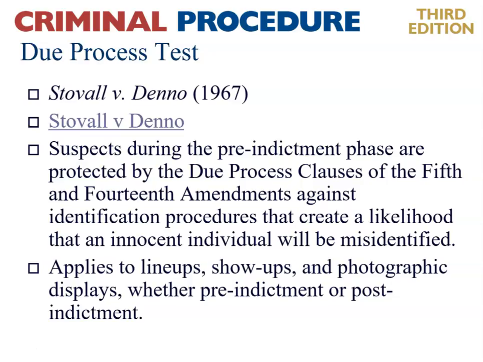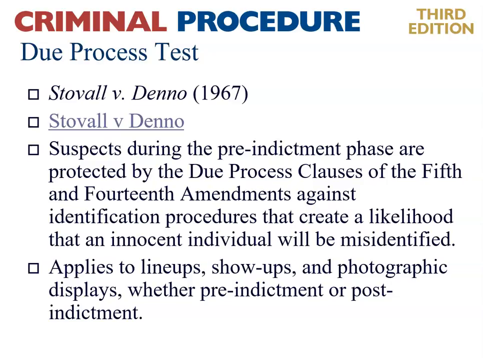On the same day that the Supreme Court decided the cases Wade and Gilbert, and yeah, this is criminal law, the court responded in another case, the case of Stovall versus Denno.